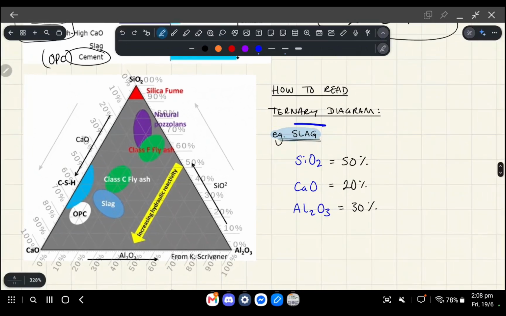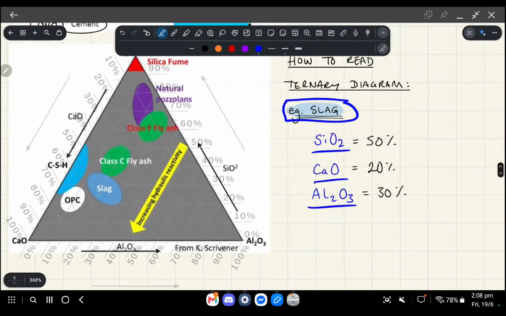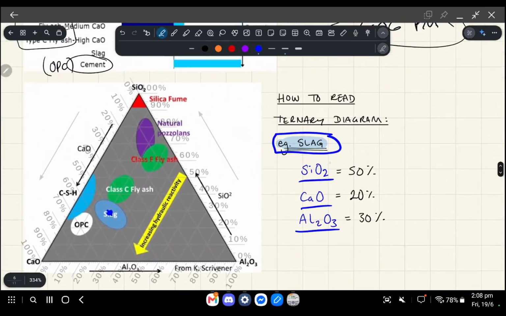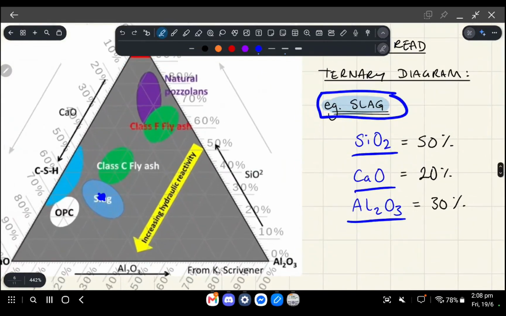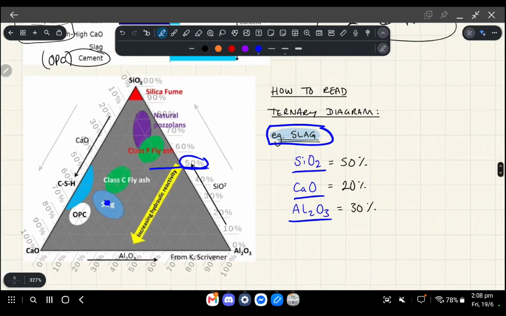If we're looking for slag, for example, and trying to find its ratio of these three compounds, it's over here. For SiO2, that's over here. We're measuring this way, so at 50% we care about it going that way.